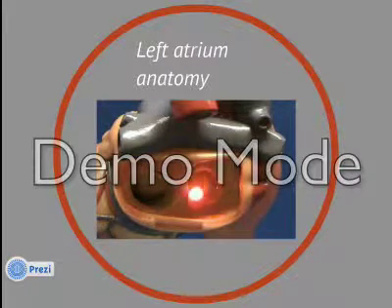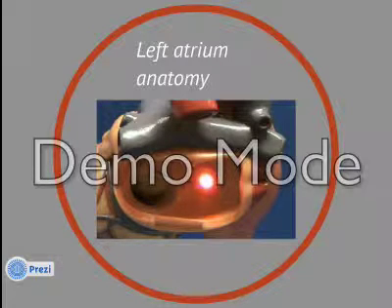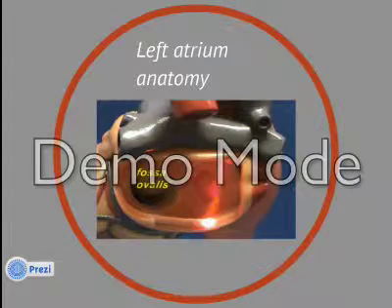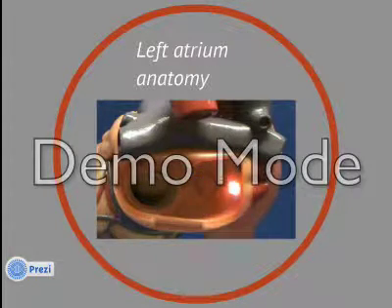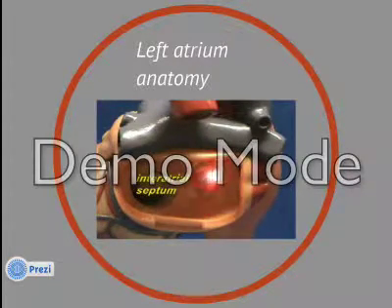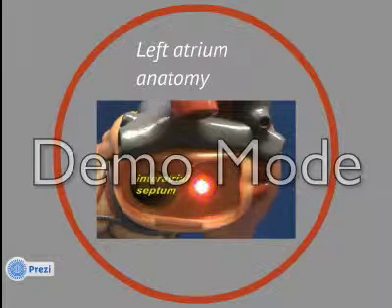Over here, notice that here's the other side of the fossa ovalis, and so this represents the interatrial septum. The interatrial septum, the wall between the right and the left atria, is located right over here.